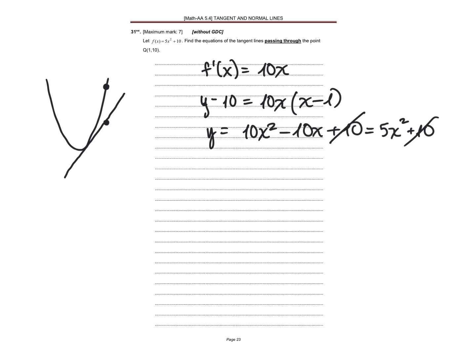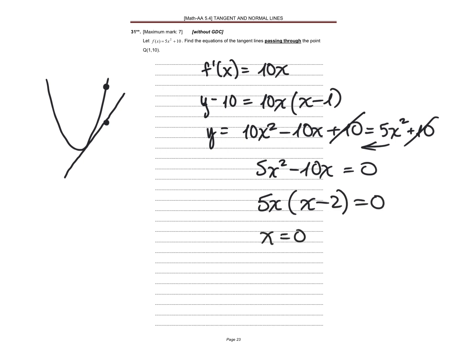So we're going to have 5x squared minus 10x. When we subtract that 5x over, equals 0. So if we factor out a 5x, x minus 2. So at x equals 0 and x equals 2, we are going to have the general tangent meeting that parabola.